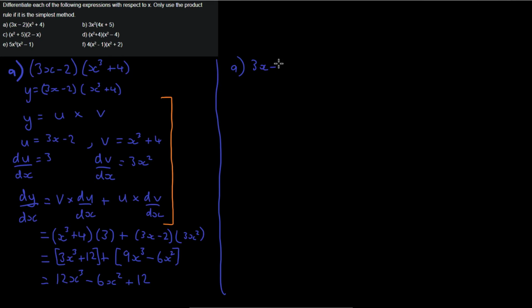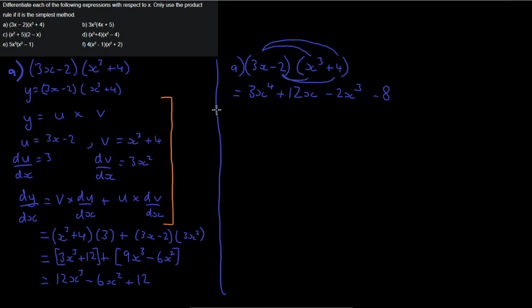So let's write that down again, 3x minus 2 in brackets times x cubed plus 4. So let's expand this. We'll get 3x to the power of 4, that's that one there, then 3x times 4, that'll be 12x, minus 2x cubed, minus 8.